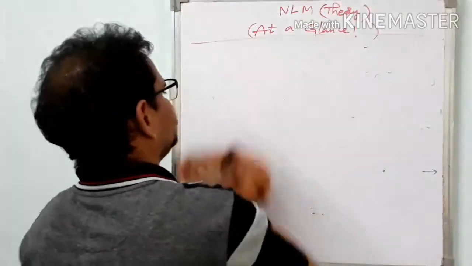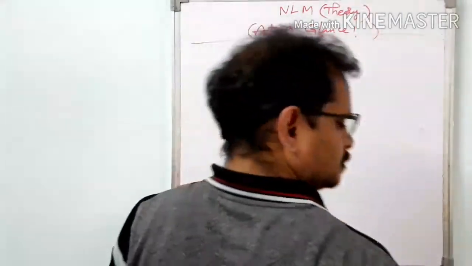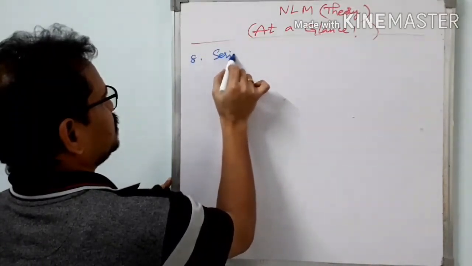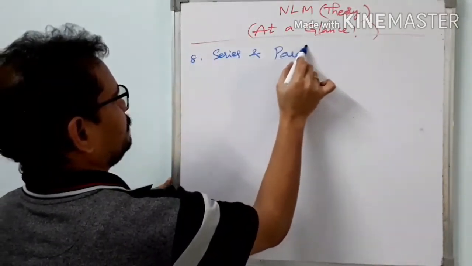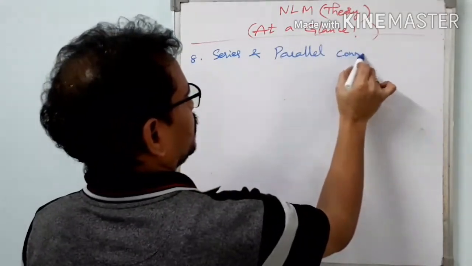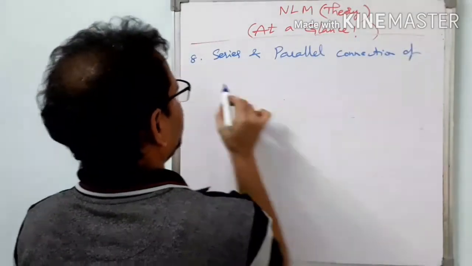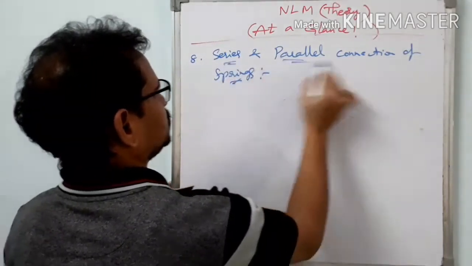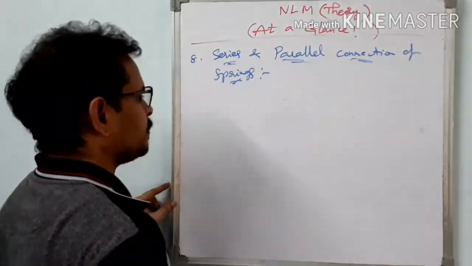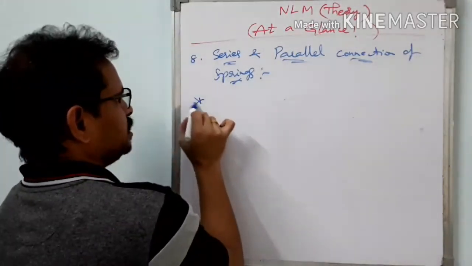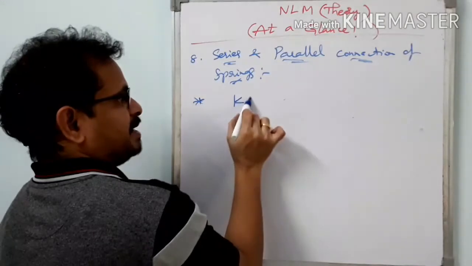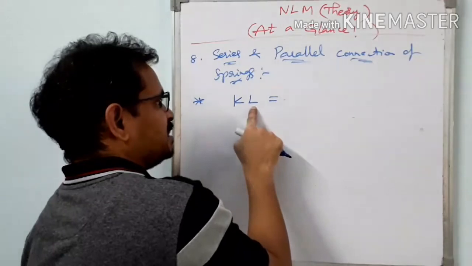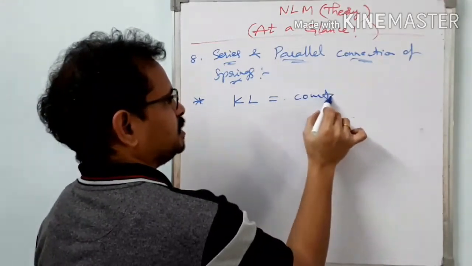So the last topic is series and parallel connection of springs. One more point you should know before this one is that the product of the force constant of a spring and its natural length is always constant.